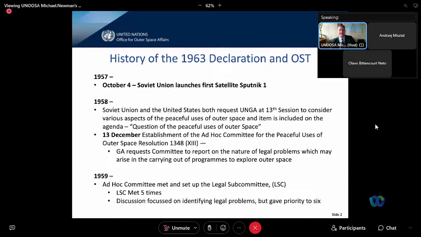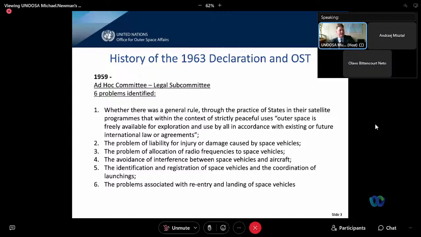And we will see these 6 here now. So in 1959, the ad hoc committee set up a legal subcommittee. 6 problems were identified, and this is an interesting historical background to how we came to the Outer Space Treaty.